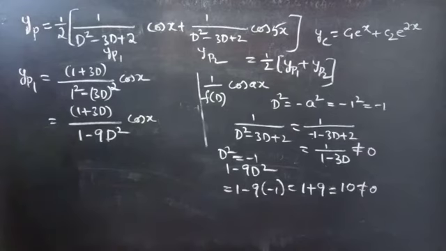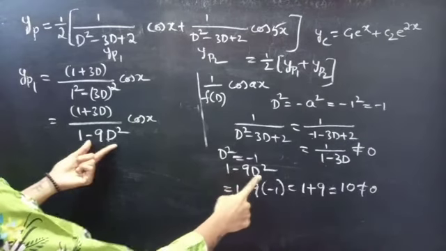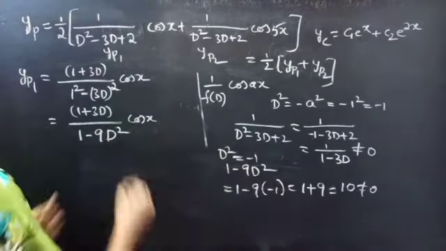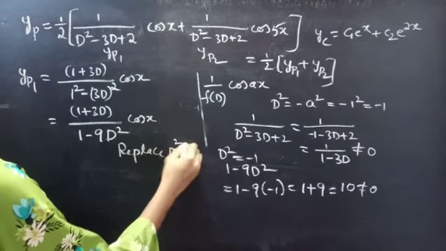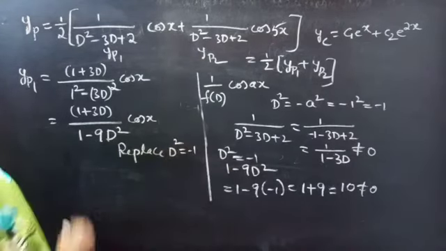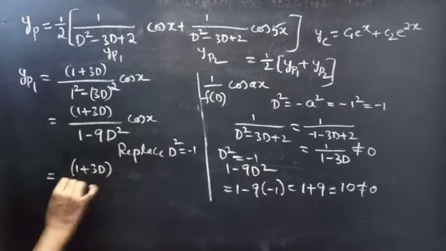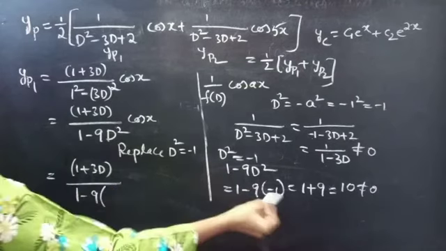Now we got to know that 1 minus 9d square after replacing d square by minus 1 is not equals to 0. So we can replace d square by minus 1. 1 plus 3d by, after replacing d square, again you'll write the same steps here.